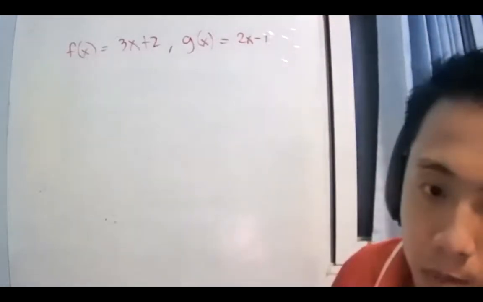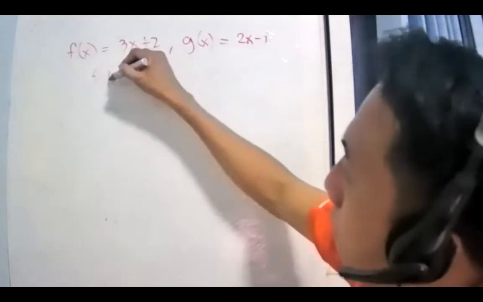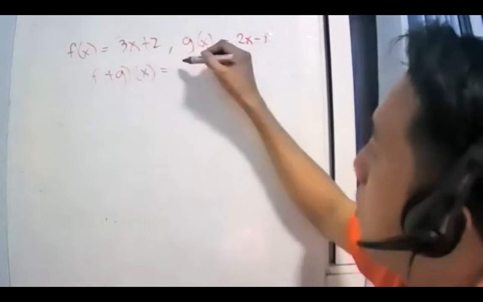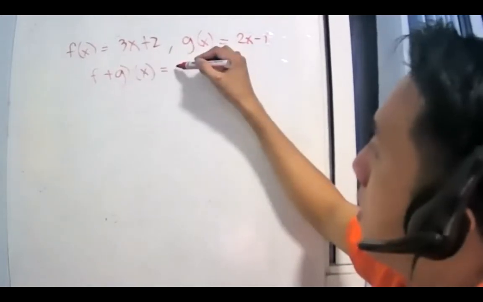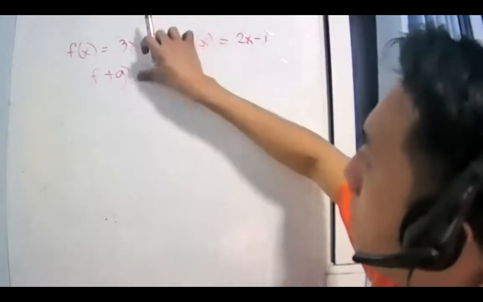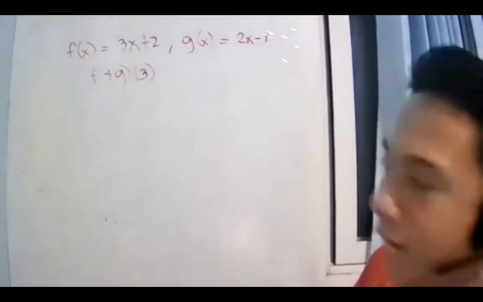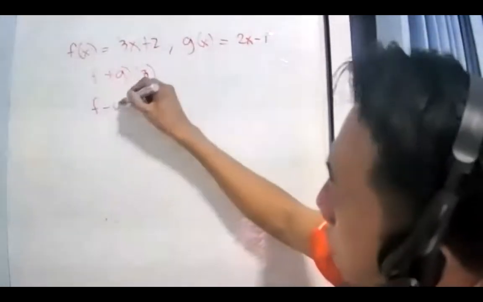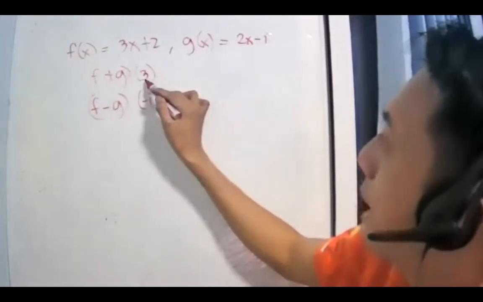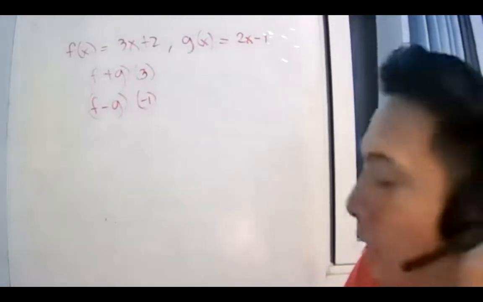And we need to find f plus g of 3, for example, and f minus g of negative 1. So instead of x, we have now here a number. Okay? So paano na gagawin yan?